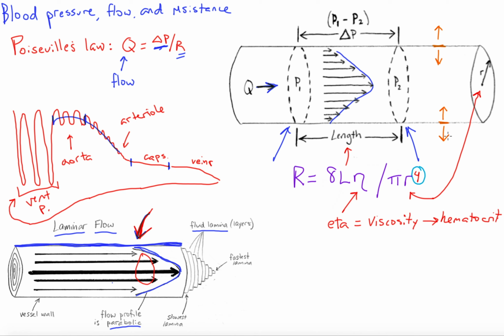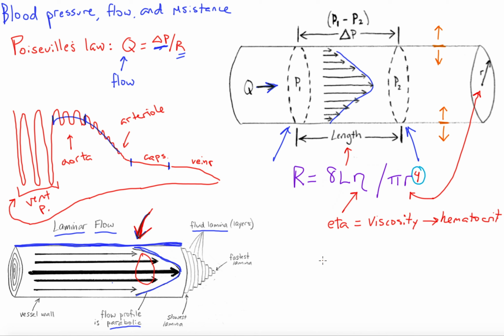And again, a 50% change in radius would be a 16-fold change in resistance, 16 times, just by changing this by 50%, right? If we change resistance by 16-fold, guess what happens to Q, right? Again, a similar degree of change there, right?